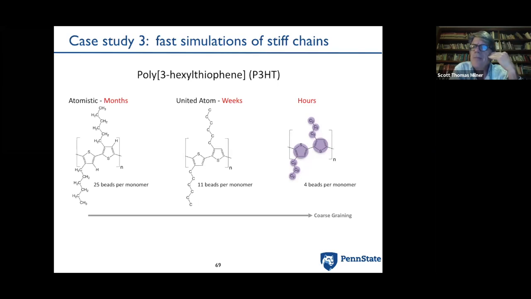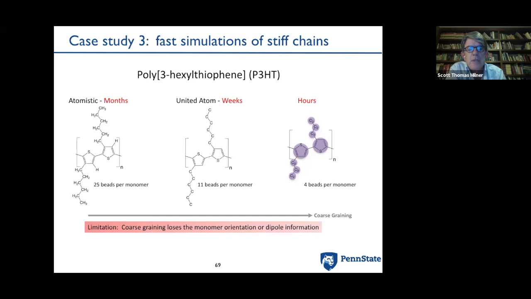So that's not good if you're interested in realistic local geometries. And furthermore, you've lost your dipole, because the dipole came because the sulfur's got a lone pair on it, and that's negative, and the canceling positive charge is elsewhere in that ring, and this thing's got a dipole of 2 debye or something, and you can't represent that with a featureless sphere.